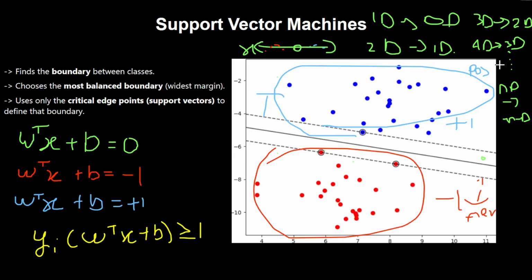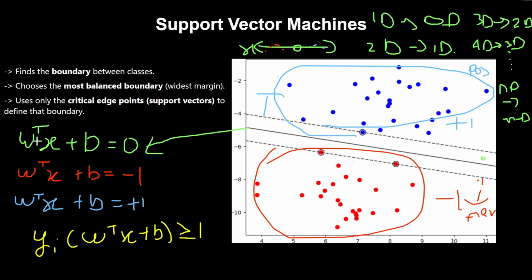We cannot have a name for higher dimensions, and we cannot visualize them. That's why we generalize them and call them a hyperplane, which is represented by this equation here, where the value is 0.